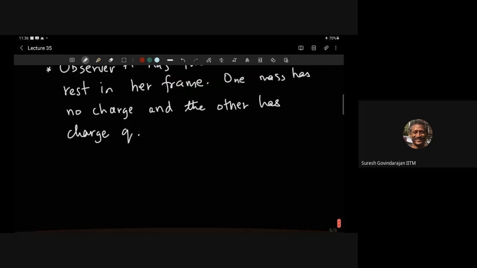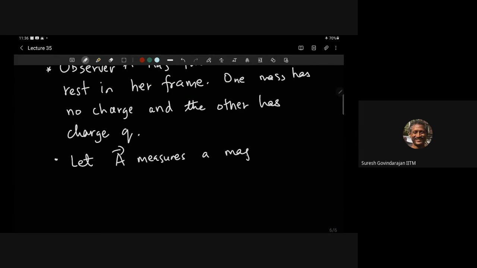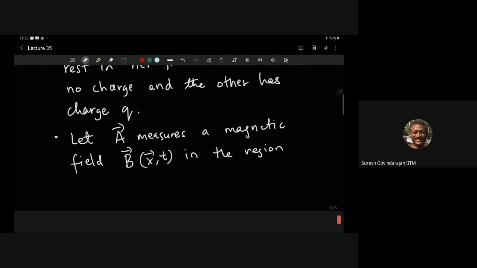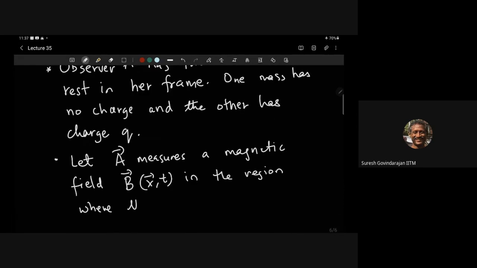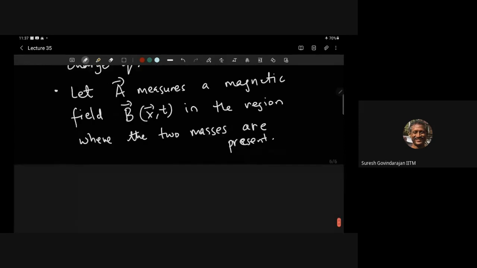Further, let A measure a magnetic field B of x and t in the region. Further, there is no electric field.